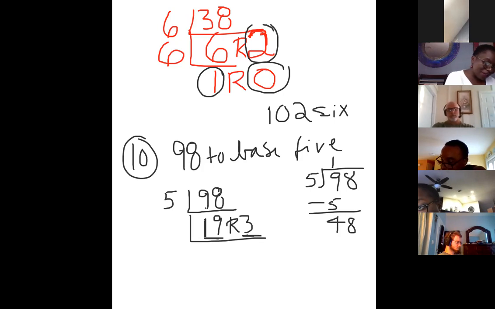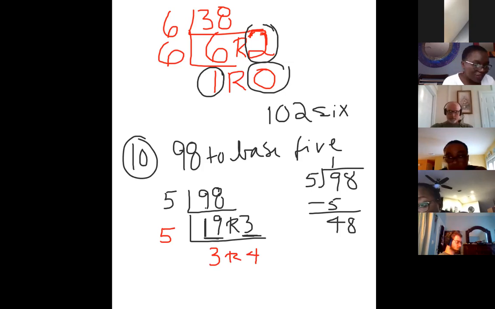I'm going to use a different color so you guys can see it. So I'm going to take 5 now, and I'm going to divide it into 19. 5 goes into 19 how many times? 3 times with a remainder of 4.